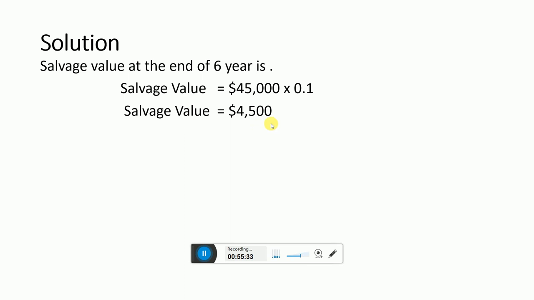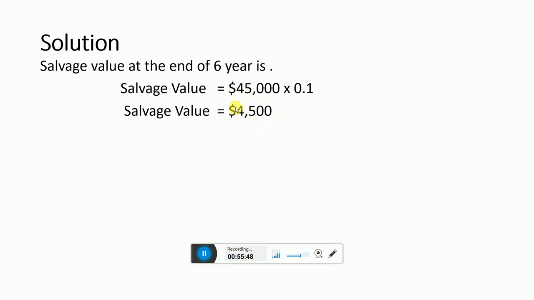As we have annualized the purchase cost, we can also annualize the salvage value, as this value is the future value, like at the end of the 6 years.